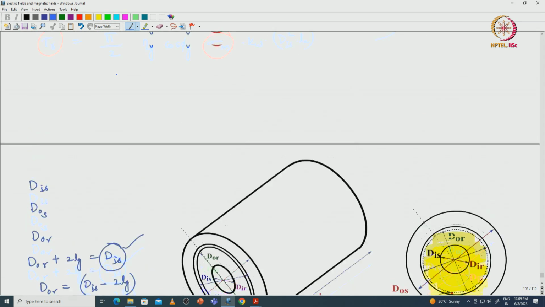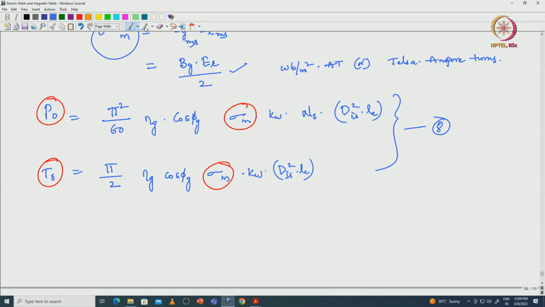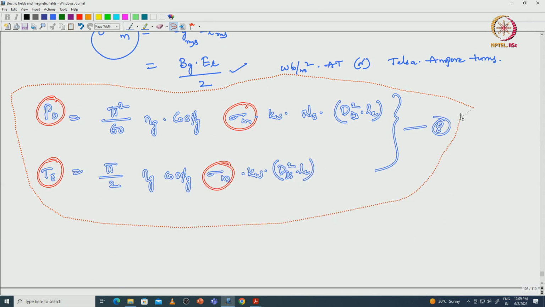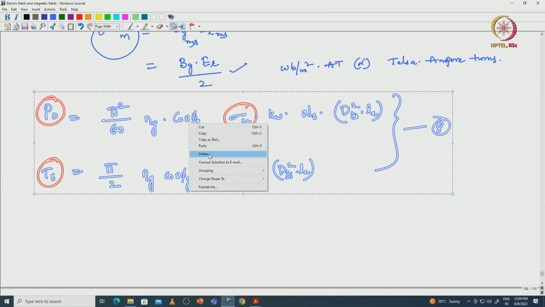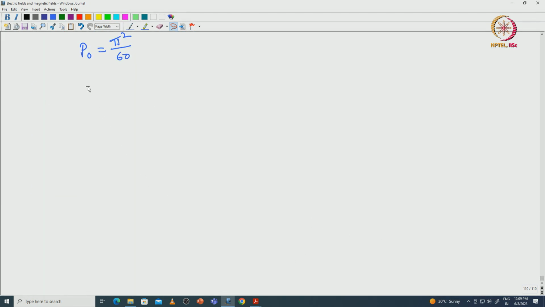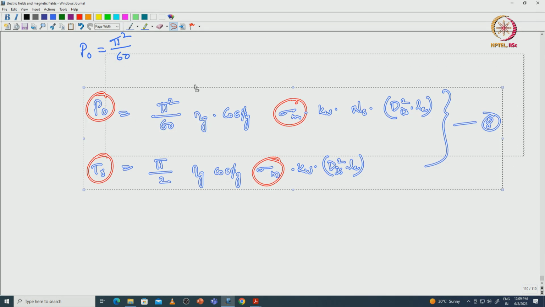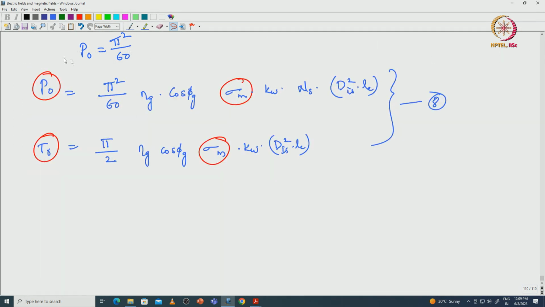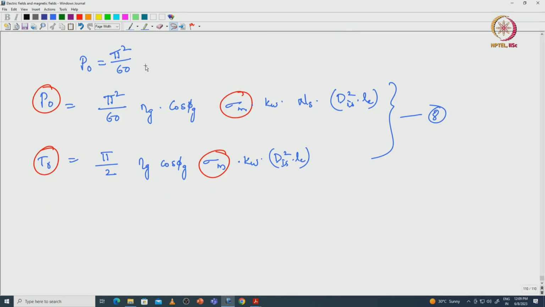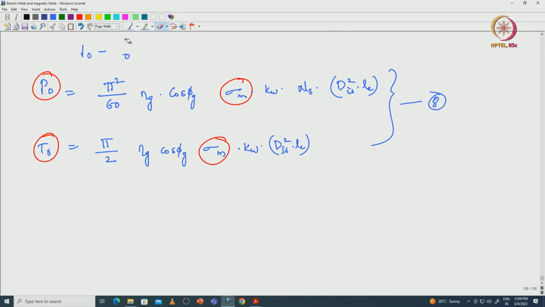I will copy equation 8. So, this is equation 8. From this equation, substitute the rotor volume. We have to rewrite this equation in terms of rotor volume.